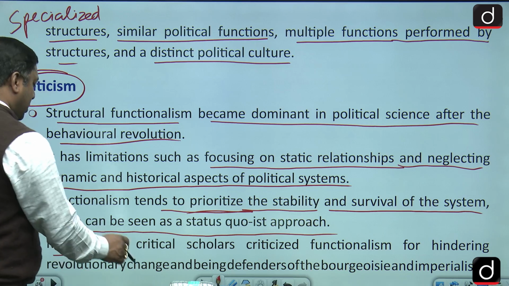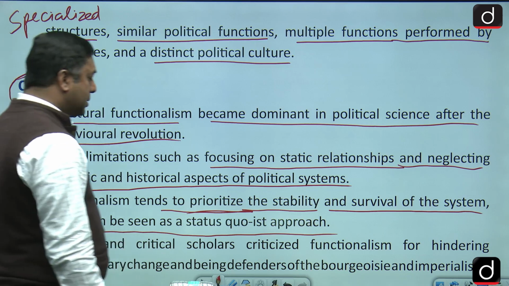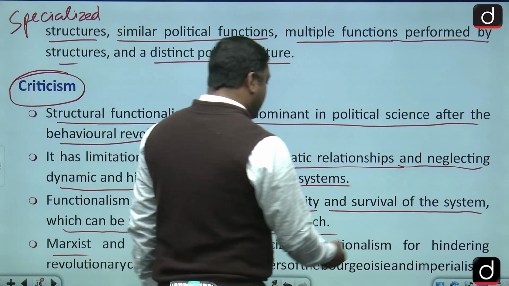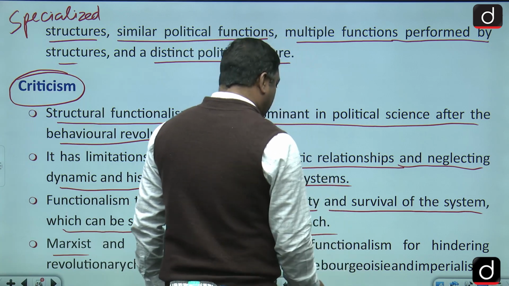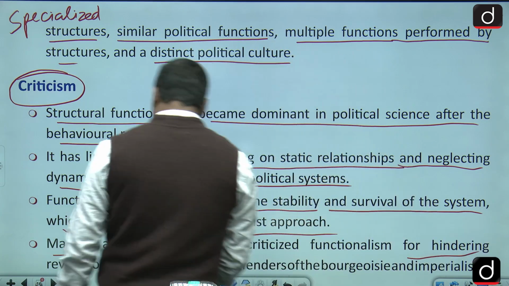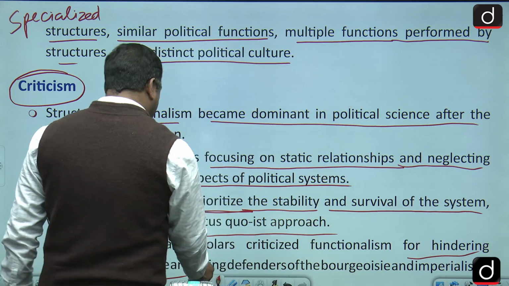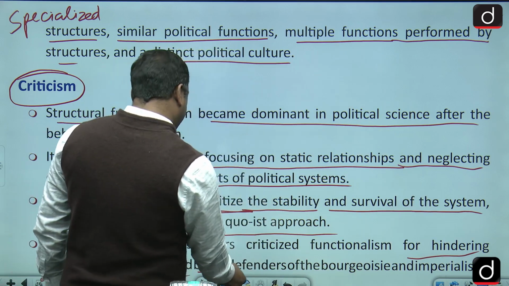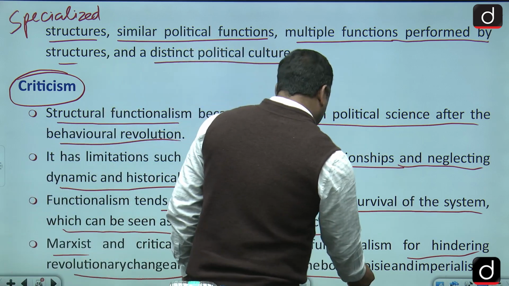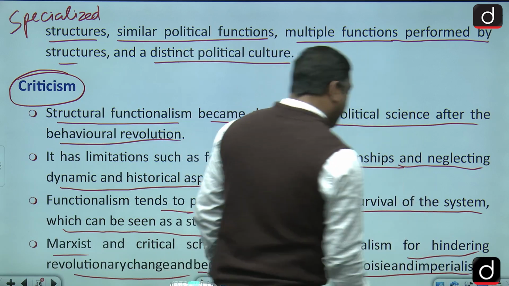Marxists have also criticized it. Marxists have criticized functionalism, saying that it is hindering revolutionary change and being a defender of the bourgeois and imperialism.